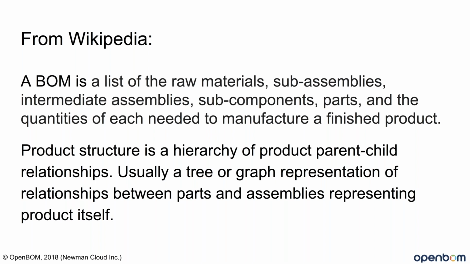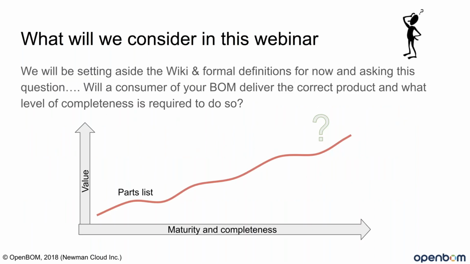A BOM is a list of raw materials, subassemblies, etc. that's needed to manufacture a finished product. That's a BOM. Product structure is typically referred to as a hierarchy of relationships, often represented as a tree or a graph between parts. Relationships between parts and assemblies.